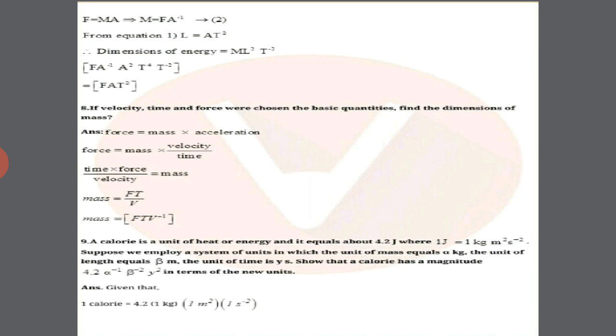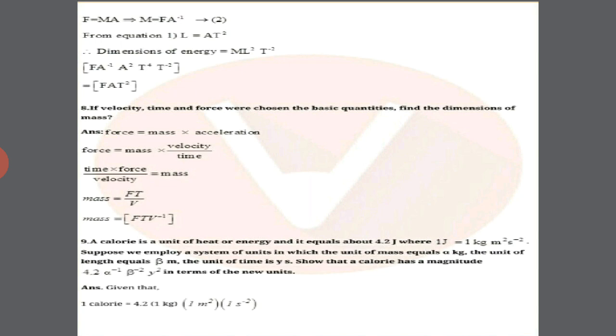Mass is equal to force into time upon velocity, mass is equal to Ft upon V. It is FTV⁻¹. If we consider these as the basic quantities, that means as we consider mass, length and time in normal dimensional formulas.